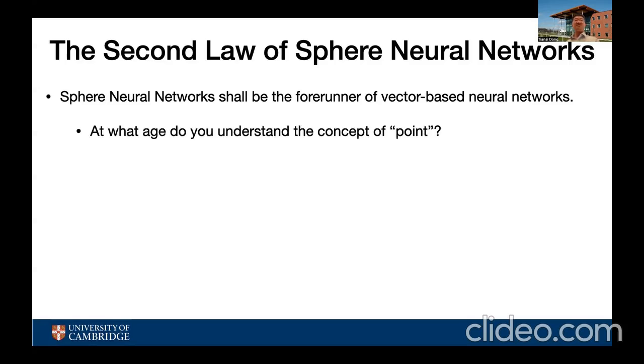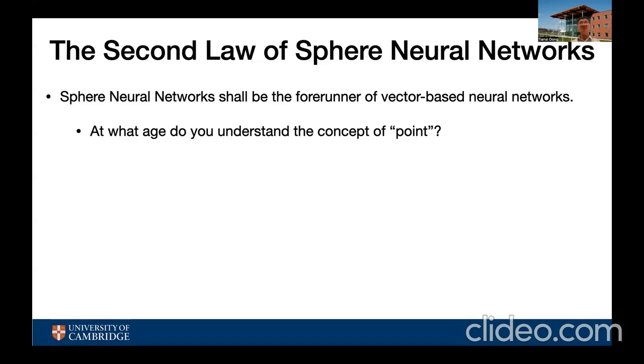Our question is, can you imagine at what age would you understand the concept of point? Middle school? Yes. At what age do you understand concrete objects, the ball, an apple, chairs? We understand concrete objects first.